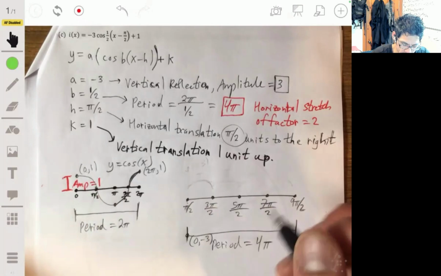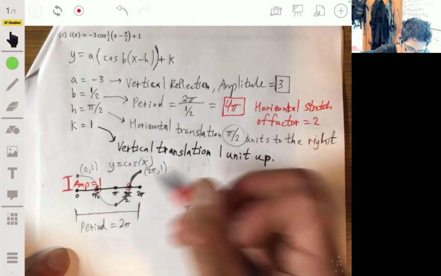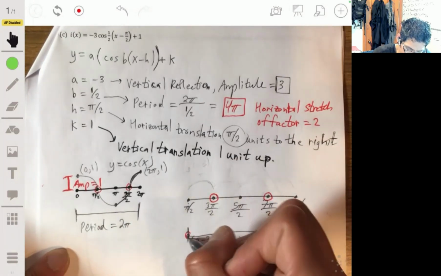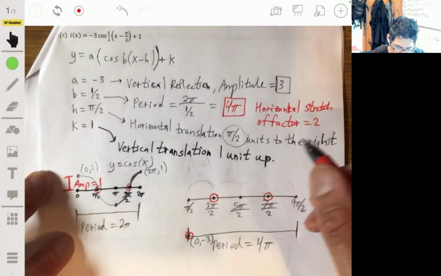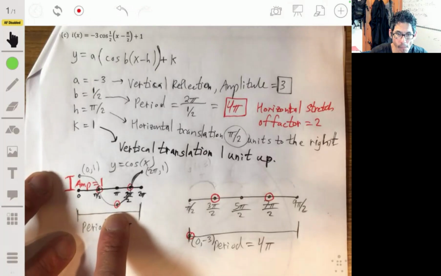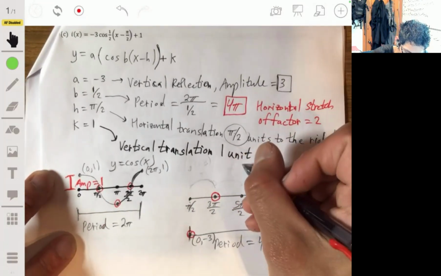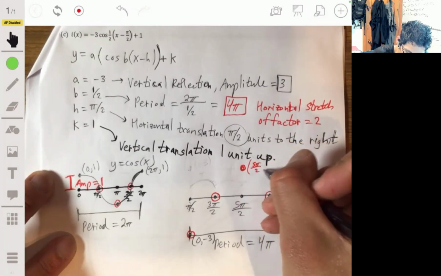And all the other ones, you see that there's 2 middle ones here and here. So the next point will still stay in the middle. This point goes like that. And then, see, instead of this point being right here at the bottom, the middle one will just be at the top. It'll be 3 units up. So it'll be 5 pi over 2, comma 3.